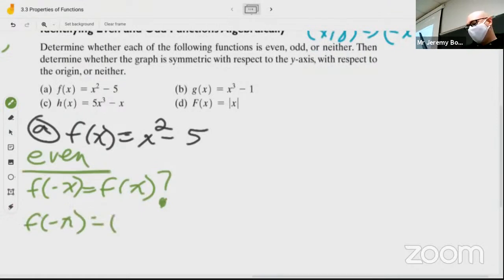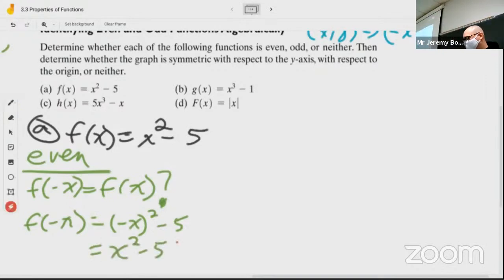So we're going to have negative x squared minus 5. And can we evaluate the negative x squared? It gives me a positive x squared. So this is going to equal x squared minus 5. Does that match my original function? It does. That means this function is even.